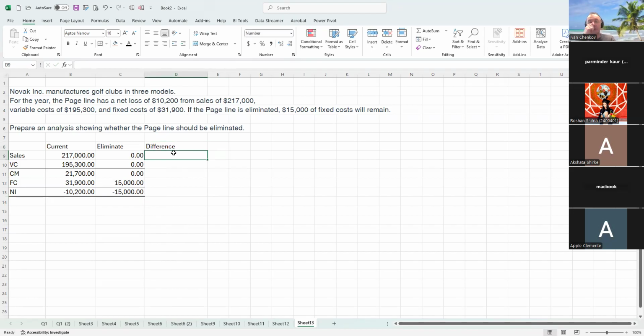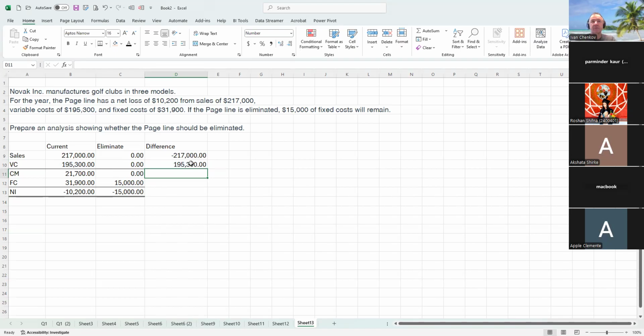If I eliminate it, I'm losing the sales, right? Yes. This one minus that one. Sales gone. What happens with the variable cost? I'm going to save on the variable cost, right? The variable cost saving will be equal to this one minus that one.